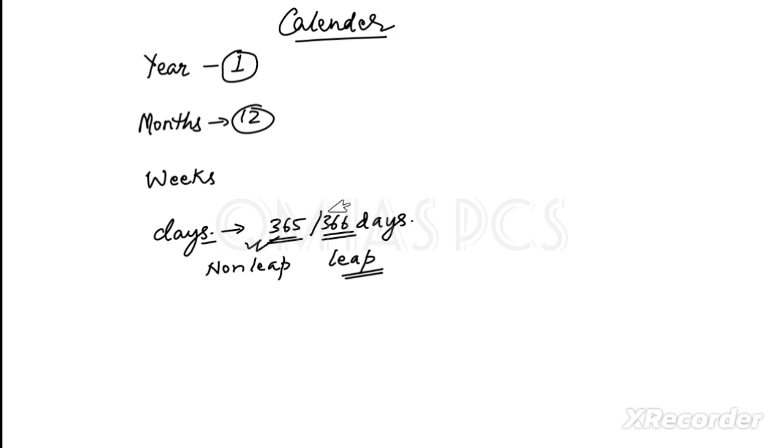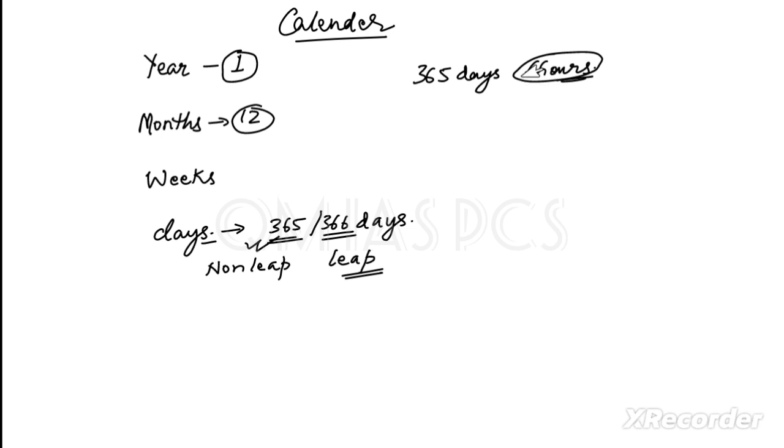Any idea? Actually, when the earth revolves around the sun, it takes 365 days and 6 hours. This is the fixed time. But we can't take this 6 hours because while calculating we have to take the integer value.